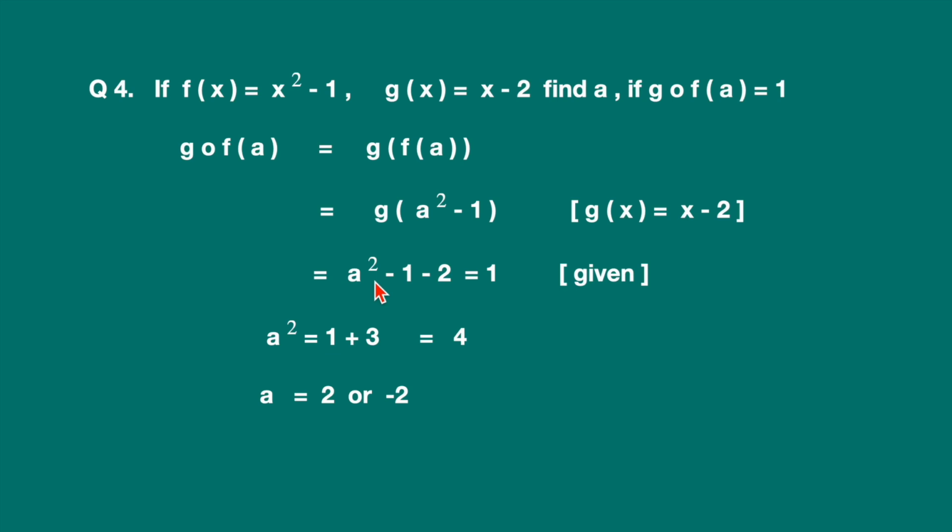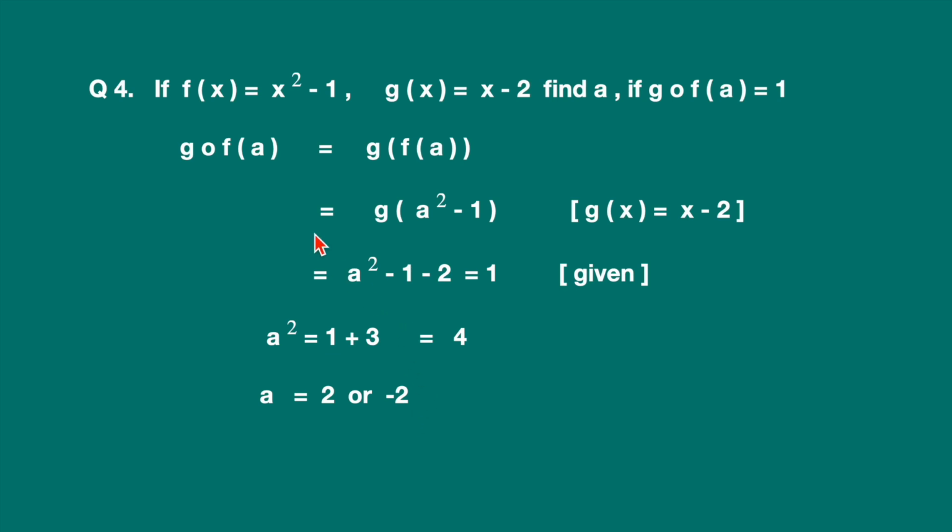This value of gof(a) is equal to 1, they have given already. So write down this equal to 1. Now simplify this. a square minus 3 is equal to 1. So a square is equal to, bring it on the right side, 1 plus 3, that is equal to 4. So a is equal to 2 or minus 2.